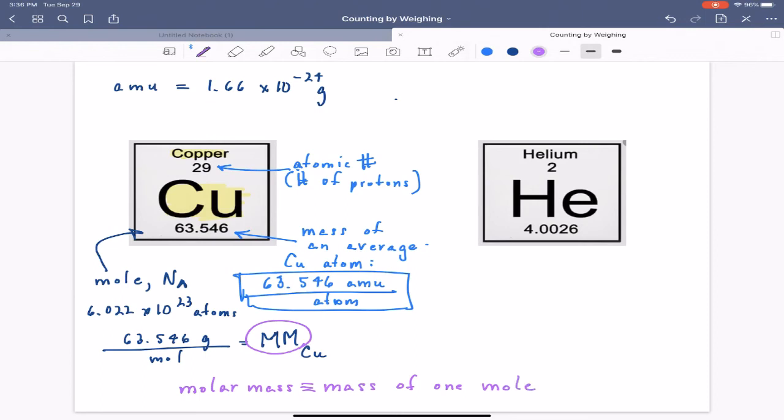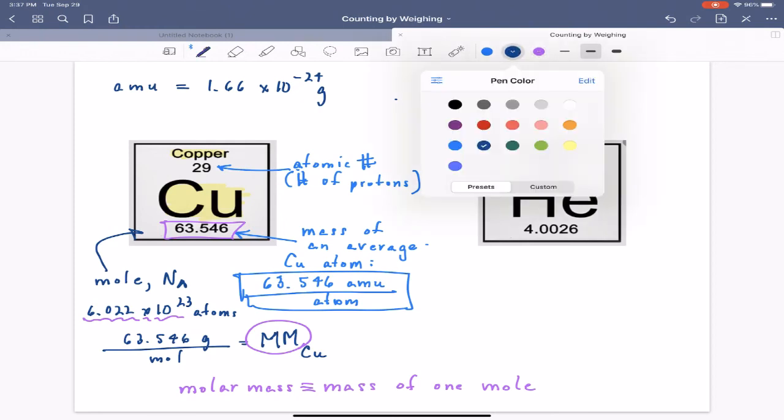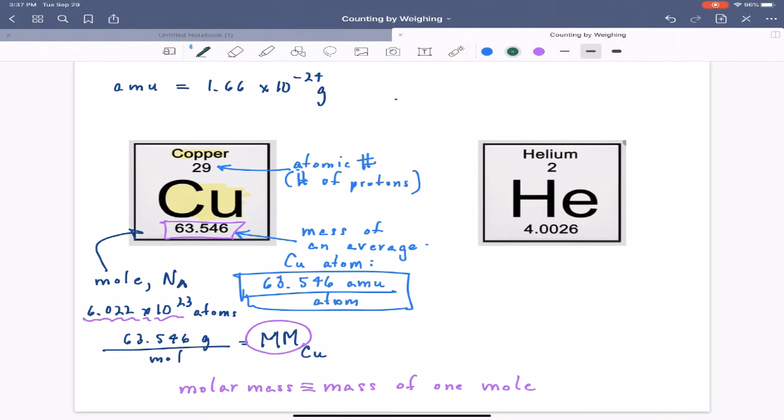And how did this mole come to be this particular size group? The answer is that was the way to make this number available to be used twice. The size of the group was picked to match the mass of an atom. Okay, so let's look at helium for a second. How many helium atoms are in a mole? Well, a mole is 6.022 times 10 to the 23 atoms, or whatever particle you're talking about.